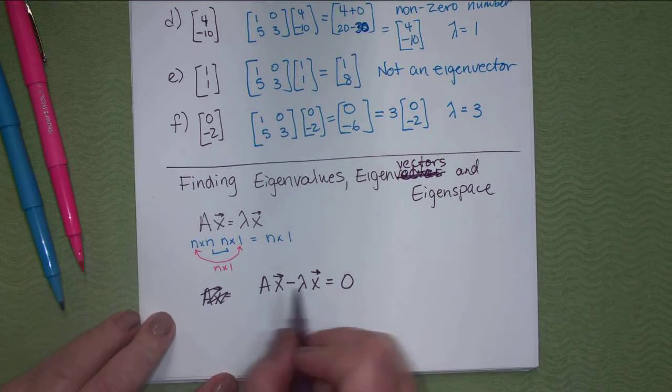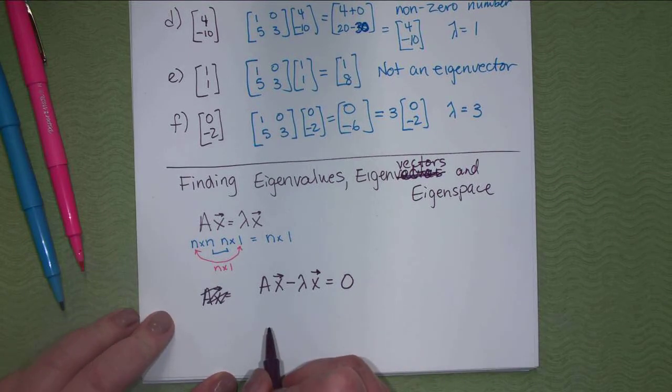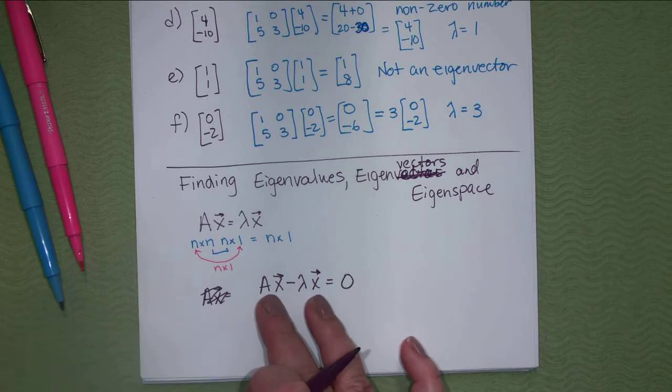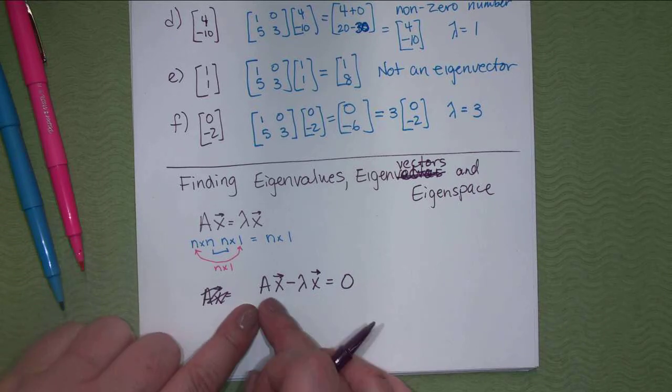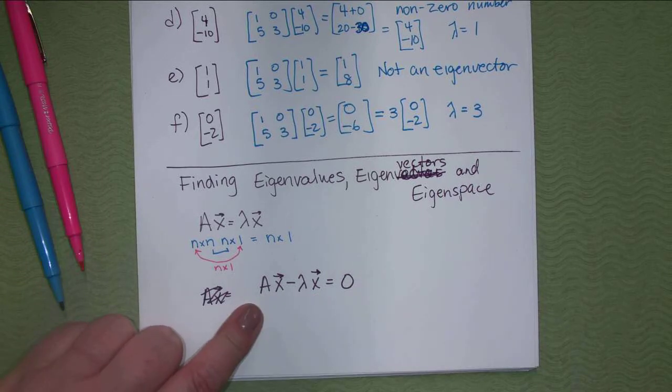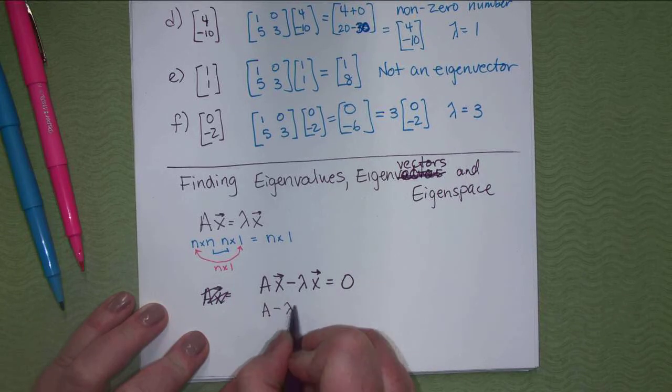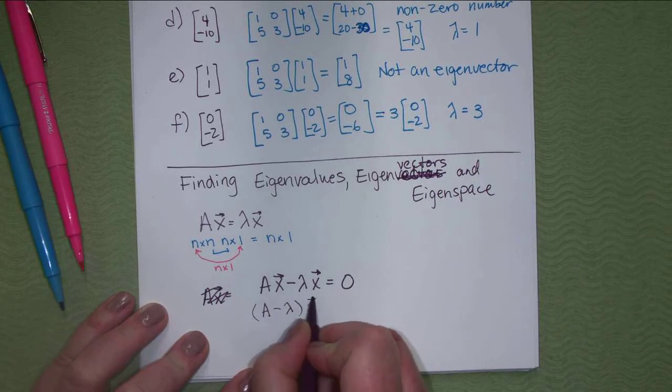But what if I wanted to factor out the x? Both terms here have an x. And remember, with matrices, if the x is at the end of AX, you have to factor it out on the back. It has to still be after. So this would look like this.